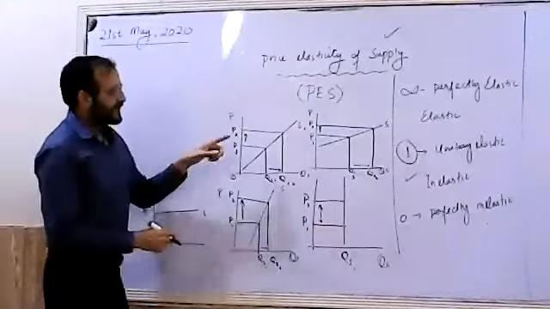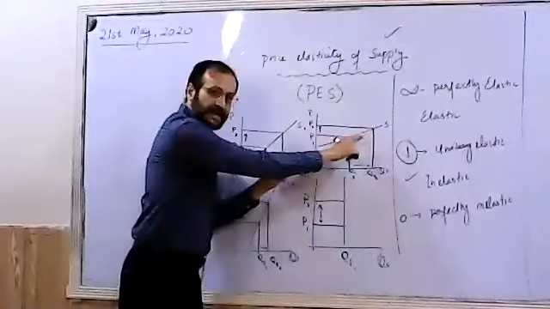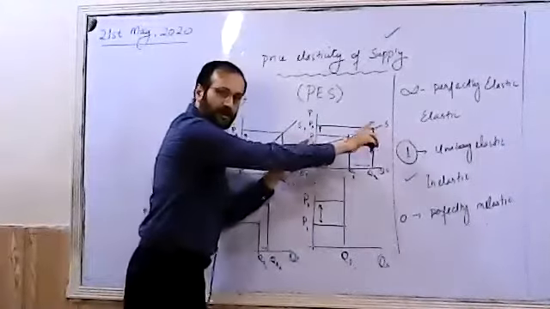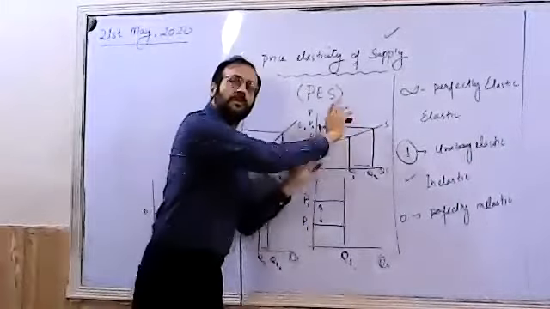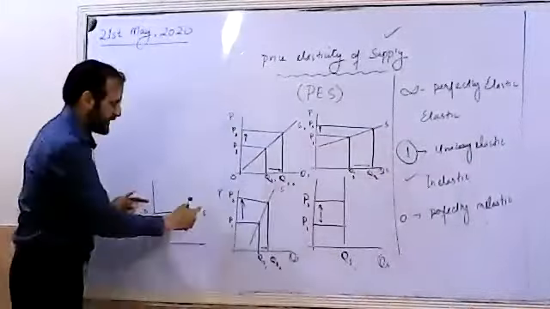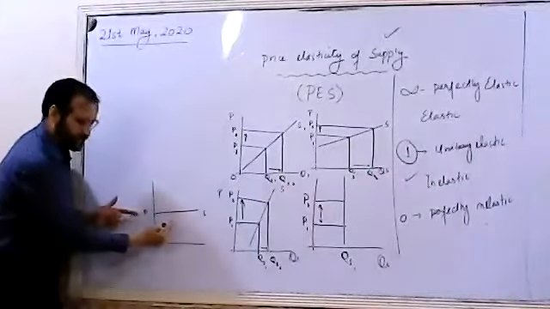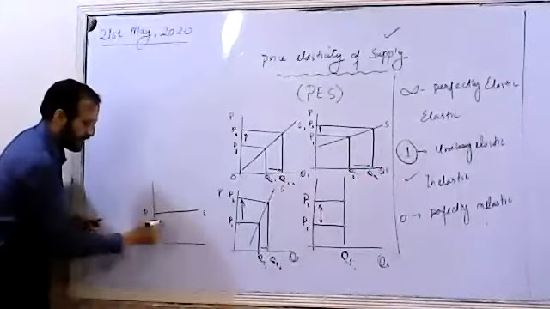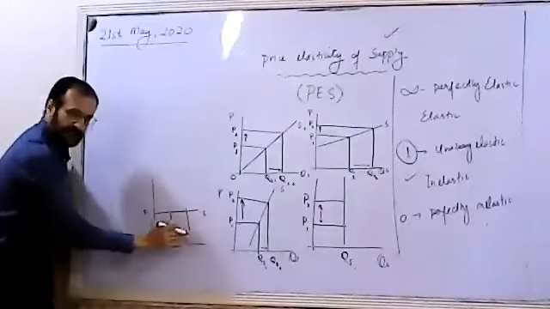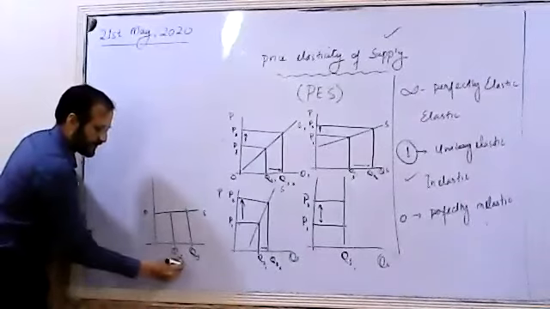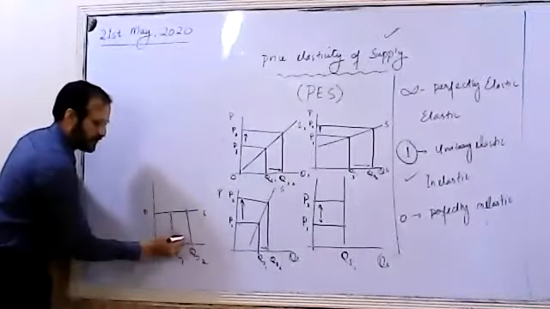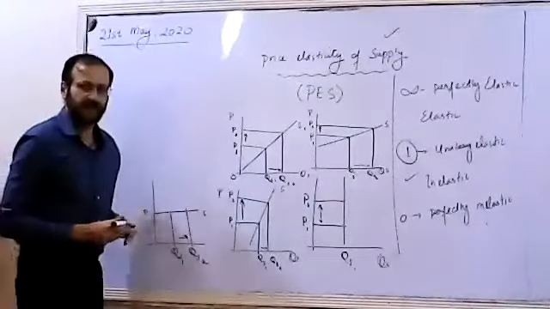Okay, and let's say this elastic curve is rotating to the right direction, or let's say it's moving clockwise. So it might turn into this shape. This shape is becoming flatter, and this shows that the quantity supply is increasing from QS1 to QS2, but there is no change in price.